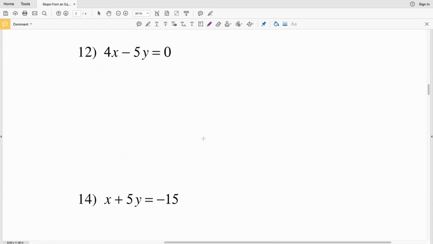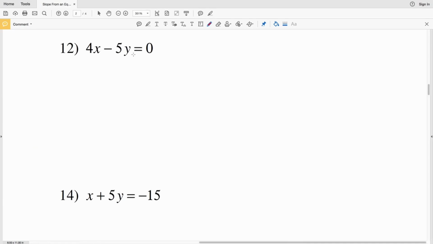In number 12, we have 4x minus 5y equals 0. Let's start by subtracting 4x from both sides. When we do that, we'll have negative 5y equal to negative 4x plus 0, which is simply negative 4x. Then, divide both sides by negative 5.